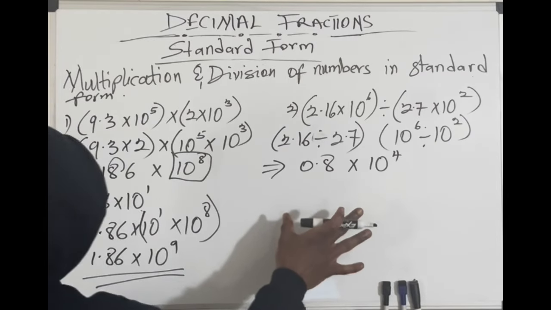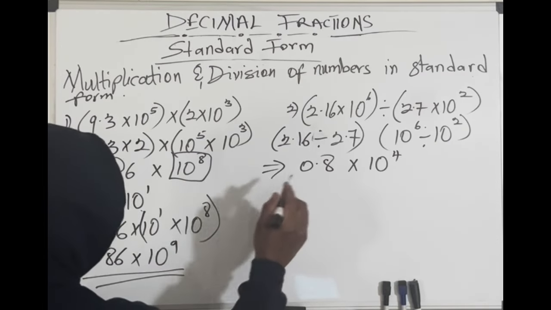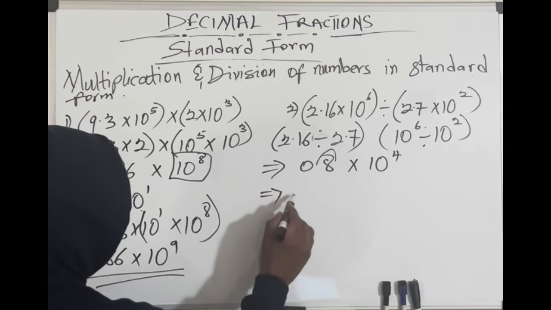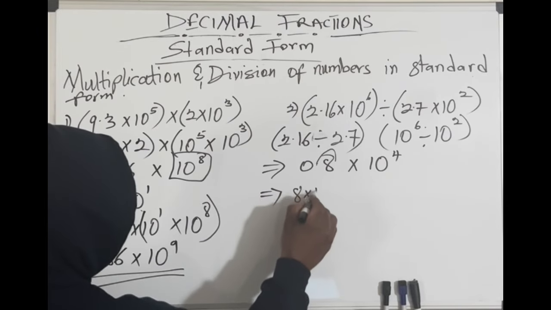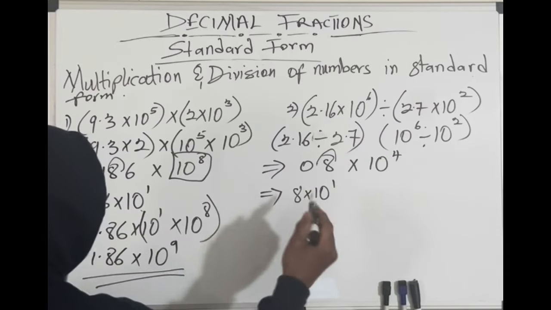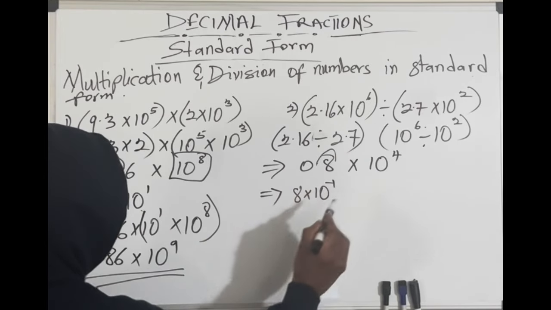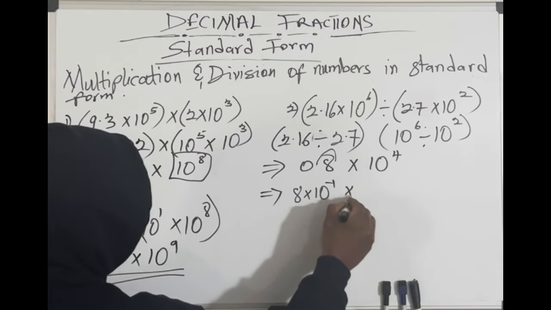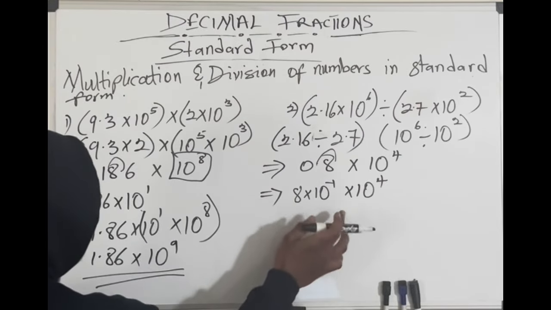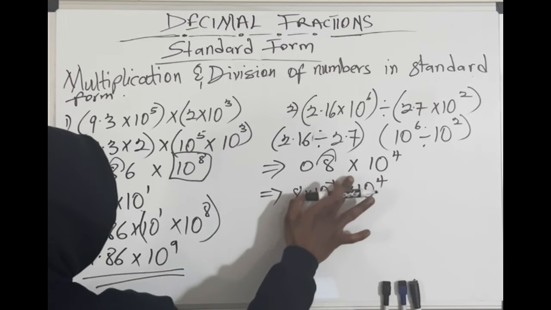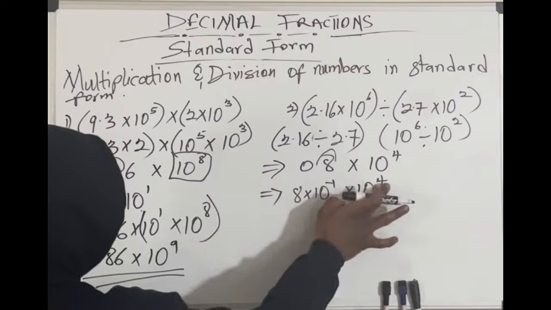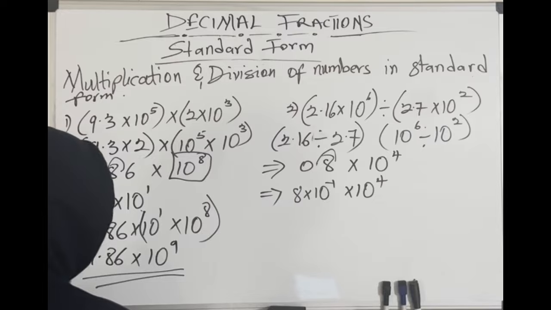This is not the final answer. Laws of indices, so we move 0.8 times 10. How many times do we move? 1. We move towards the right, so negative, okay, times the 10 raised to the power 4. All right, this time around we have to add, but negative 1 and then 4, or subtract, okay.